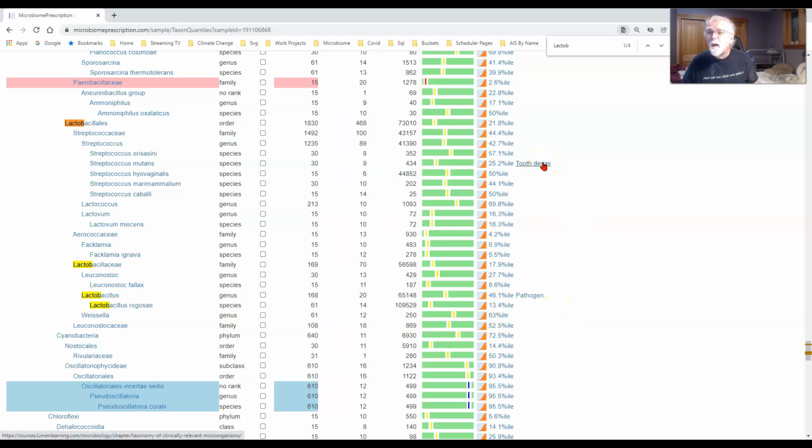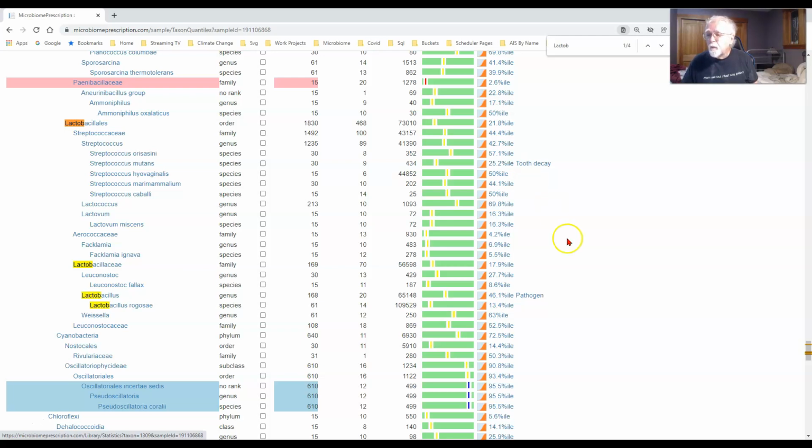Another example up here, Streptococcus, which you probably know. You have many different types of Streptococcus, one of which is associated with tooth decay, but you have a low level, which implies that probably it's not there. And the reason we use percentile rather than absolute count or average, which often you will see on a lab result, is because it just doesn't work properly.